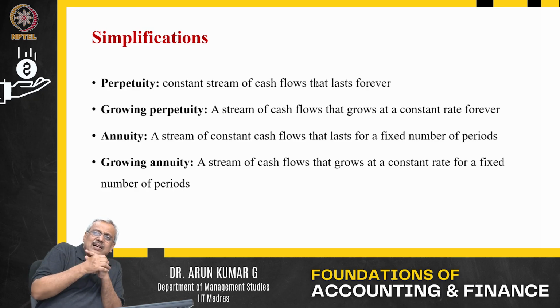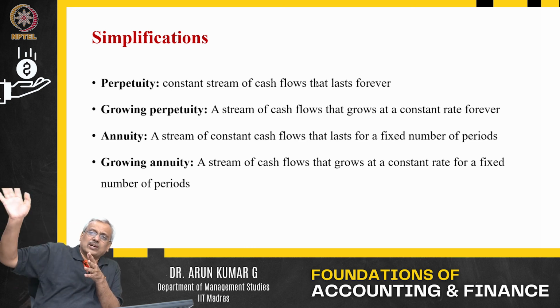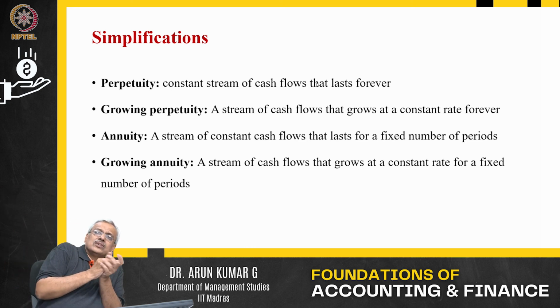Somebody can say, you invest some money now, I am going to give you 10,000 rupees, but for the next 5 years, not consistently. Every year it is going to grow by 10%. First year you get 10,000, second year 11,000, third year 12,100, and so on. So what is the money that you have to part with as of today? Growing annuity.